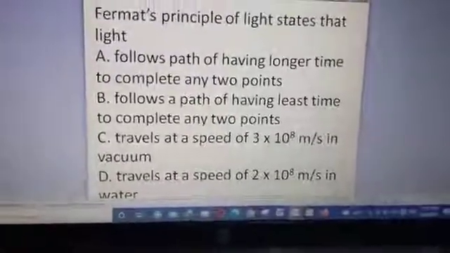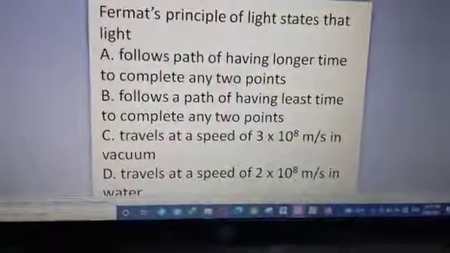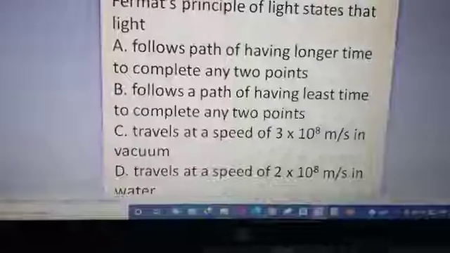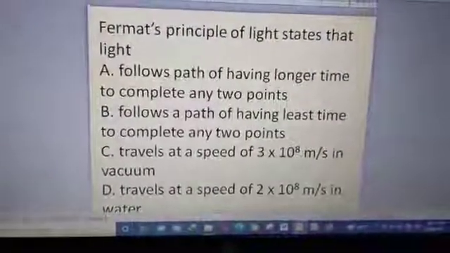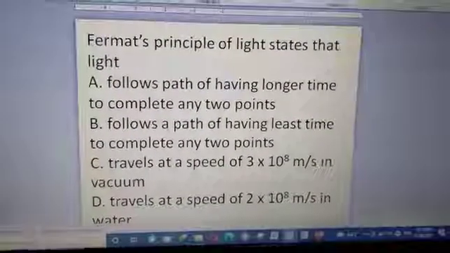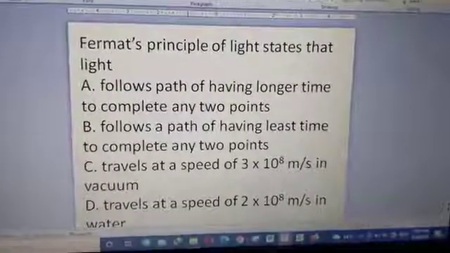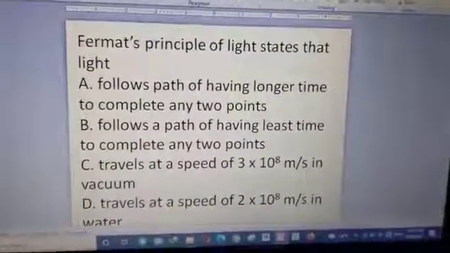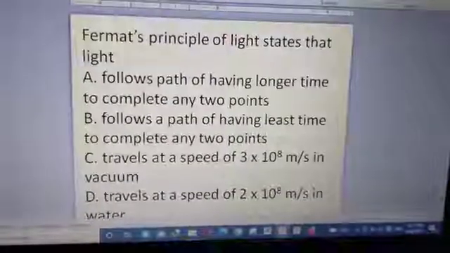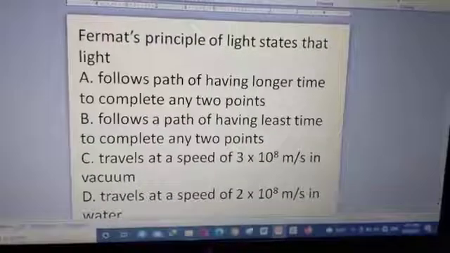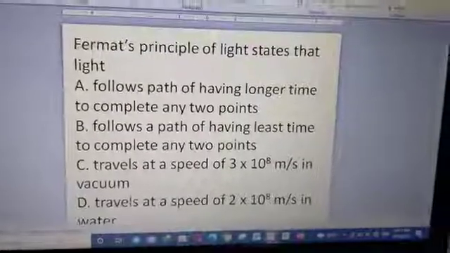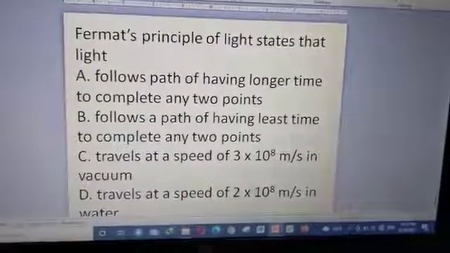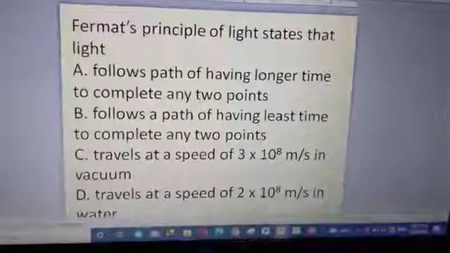Fermat's principle of light states that: A, follows paths having longer time to complete any 2 points; B, follows a path having less time to complete any 2 points; C, travels at a speed of 3 times 10 to the power of 8 meters per second in vacuum; D, travels at a speed of 2 times 10 to the power of 8 meters per second in water.